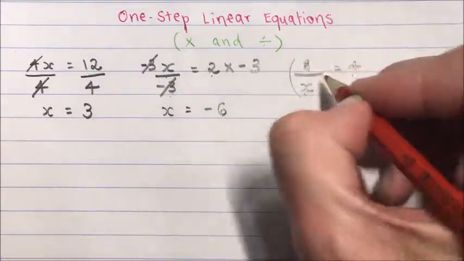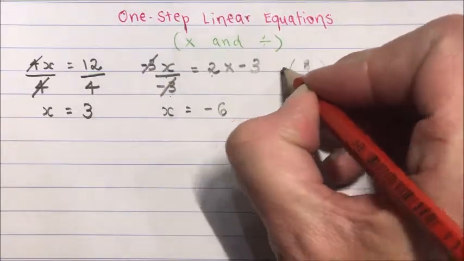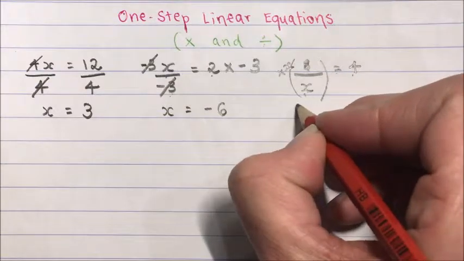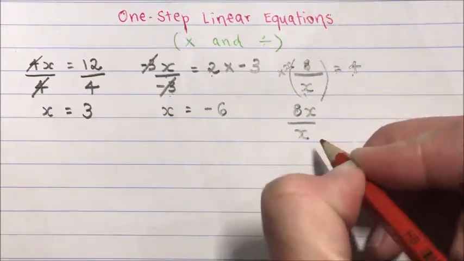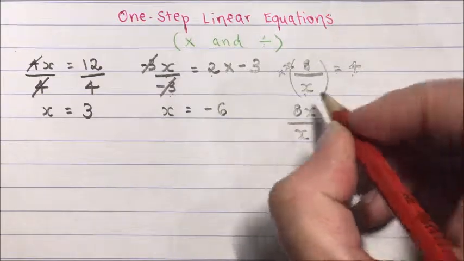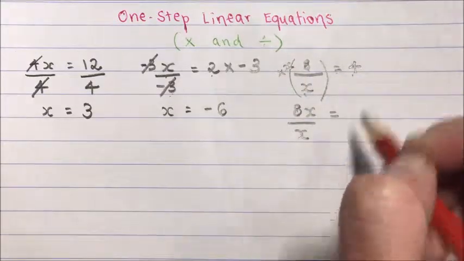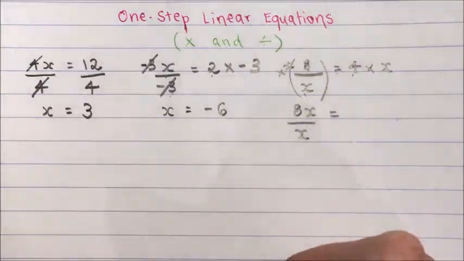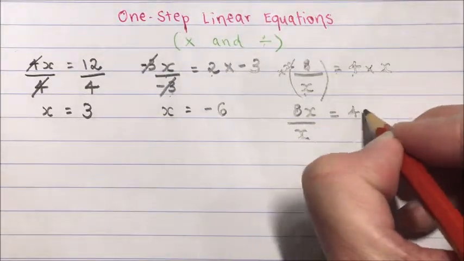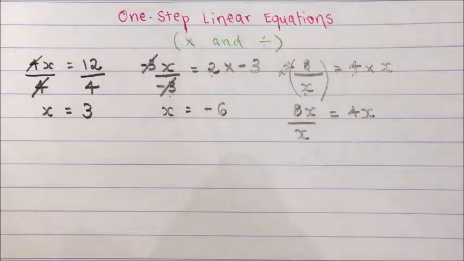So, if I multiply this side by x, I end up with 8x divided by x. I multiplied this side by x, so I need to multiply this side by x equals 4x.